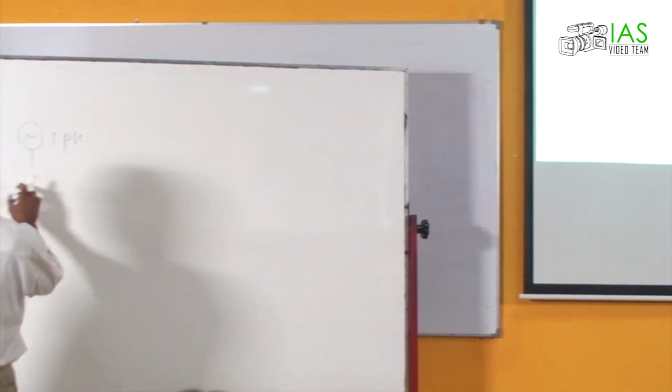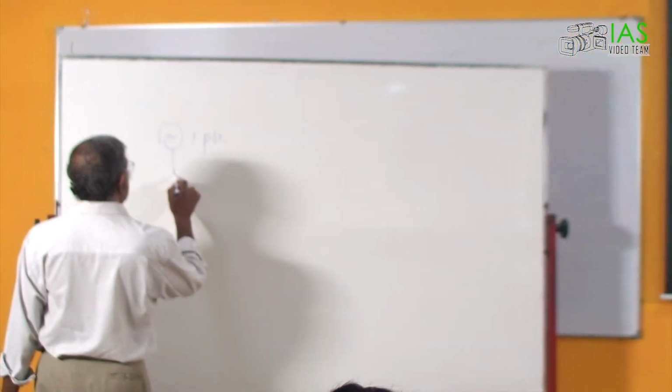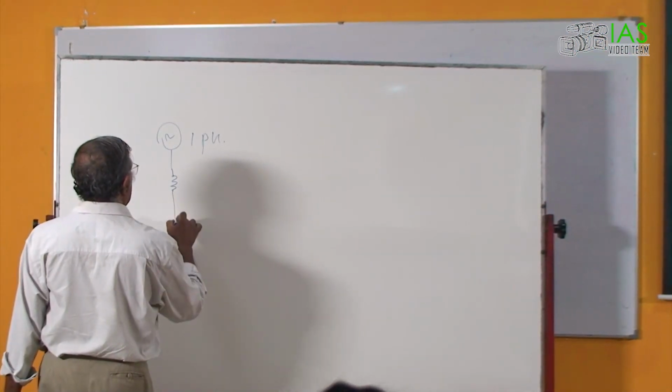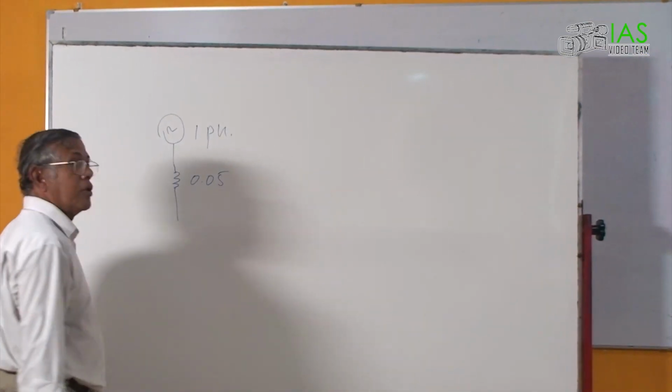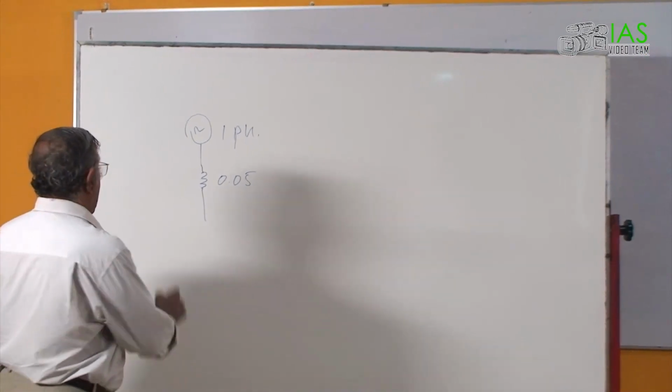This impedance is going to be 0, and then you have the transformer impedance, which we'll say is 0.05.